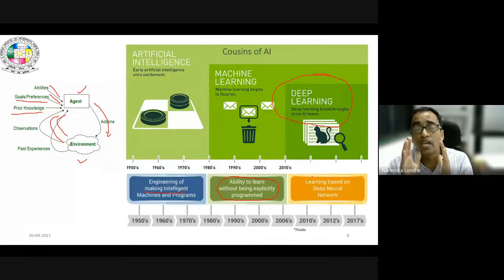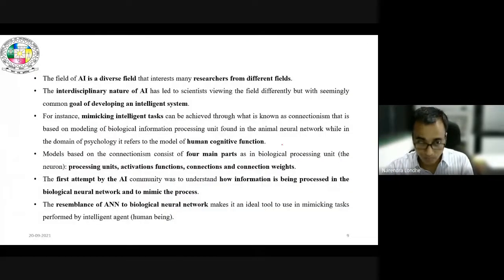It must be able to convert that information into knowledge. That is what learning is all about, right? And that learning is very important here. It is the core part of artificial intelligence. Without learning, intelligence cannot be developed, right?